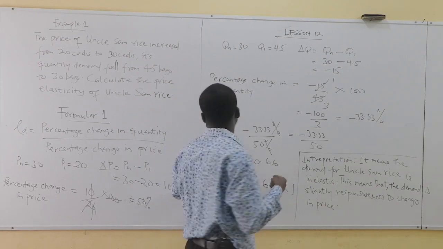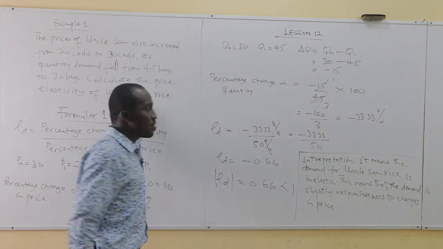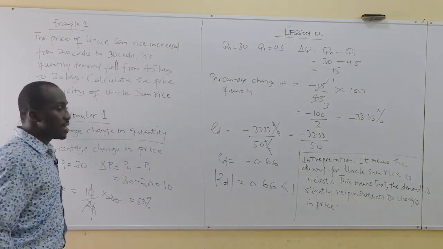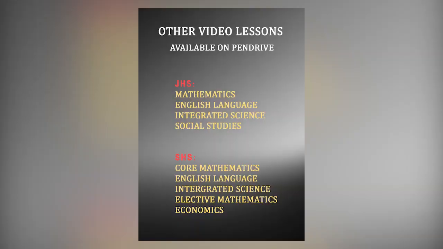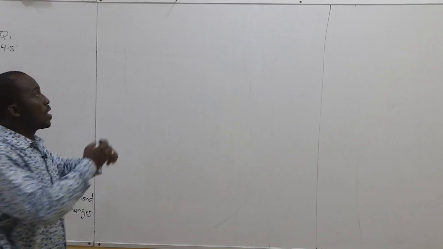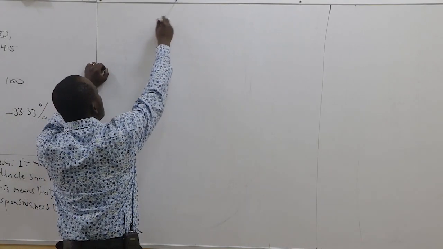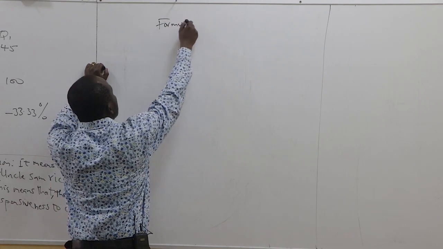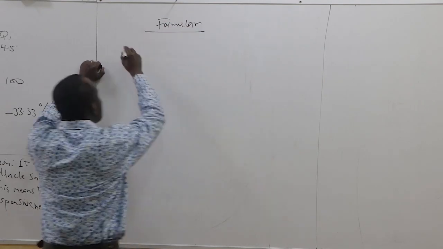Let's use the formula 2. We are still on this question. We first used the first formula to solve it. Now let's use the second formula to solve it. Let's look at the formula 2, still on the point elasticity. This is how it works.